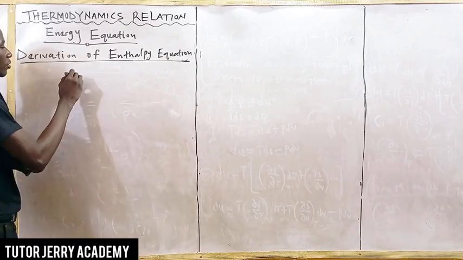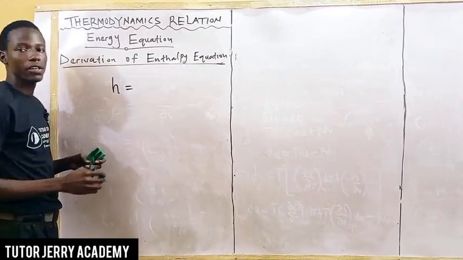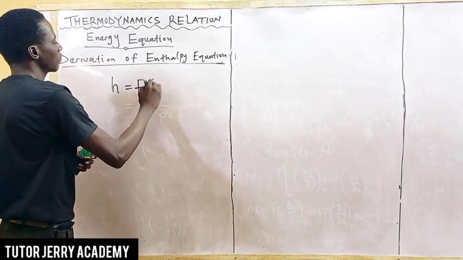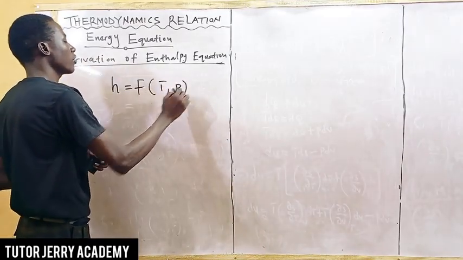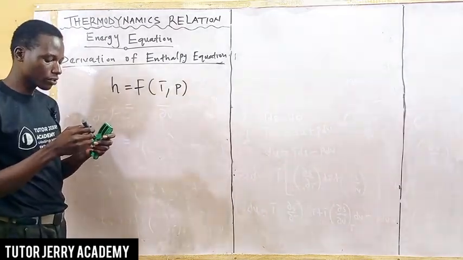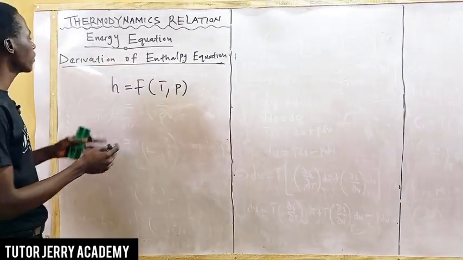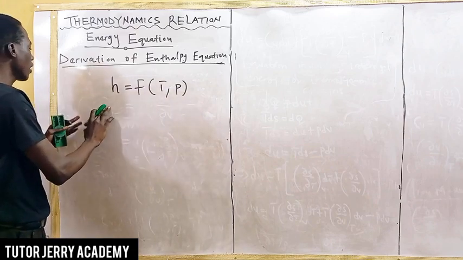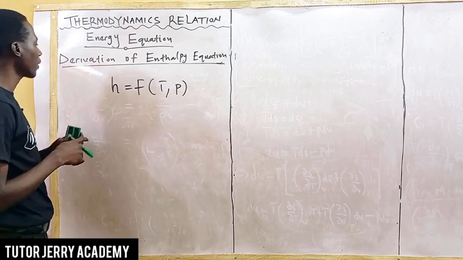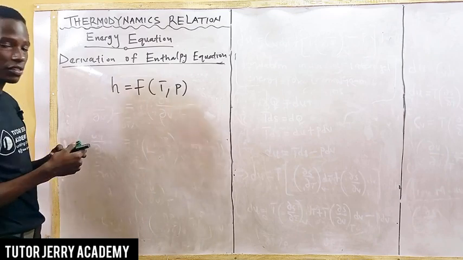So enthalpy H, we said, is a function of temperature and pressure. From our previous videos, we have already talked about the fundamentals of partial differentiation.